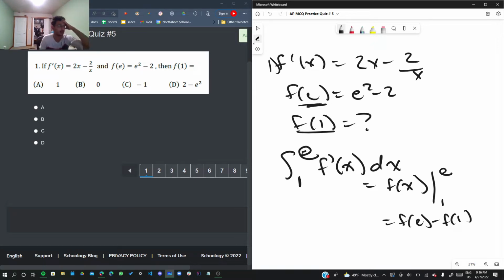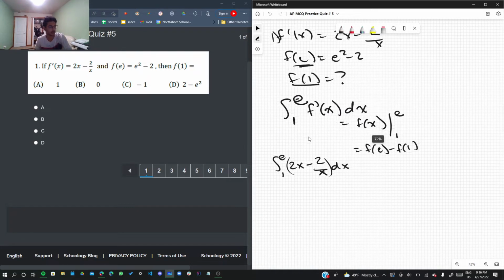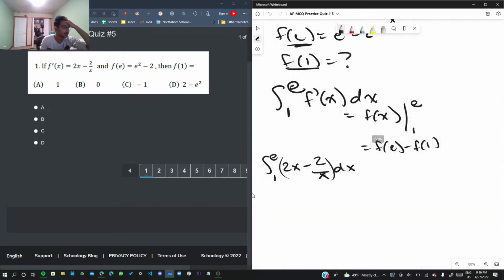So that means if you take the integral from 1 to e of f prime of x, which is 2x minus 2 over x dx, let's do that right here. That is equal to x squared, this is inverse power rule basically, and I know it's just 2 times 1 over x. The integral of 1 over x is natural log.